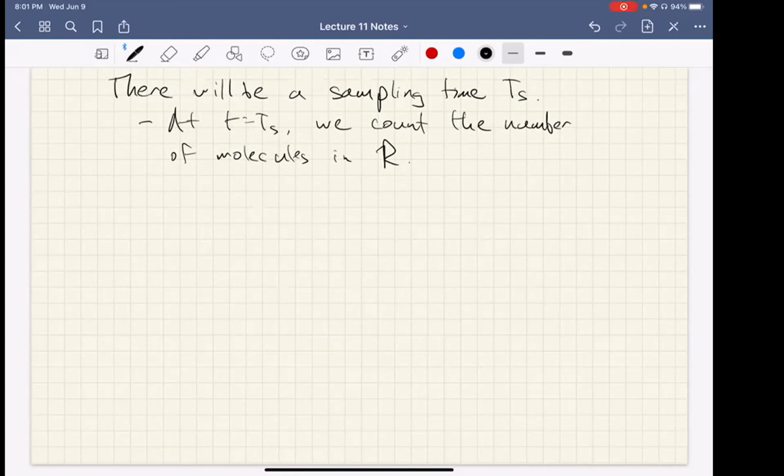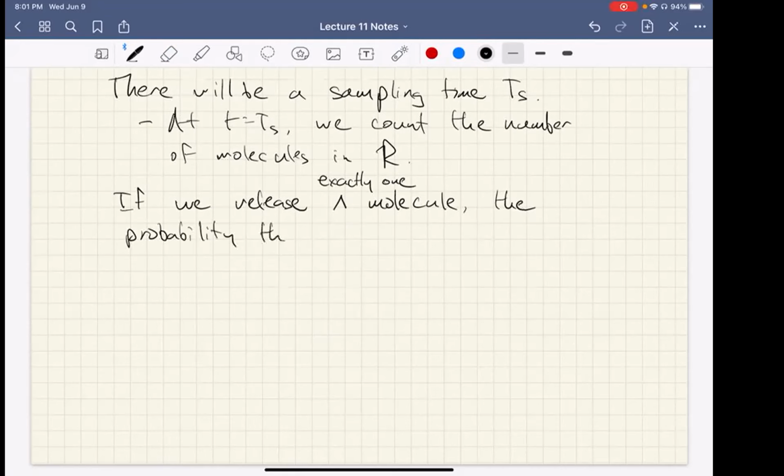So therefore, if we release exactly one molecule, the probability that it is in R at time TS is given by PR of TS.